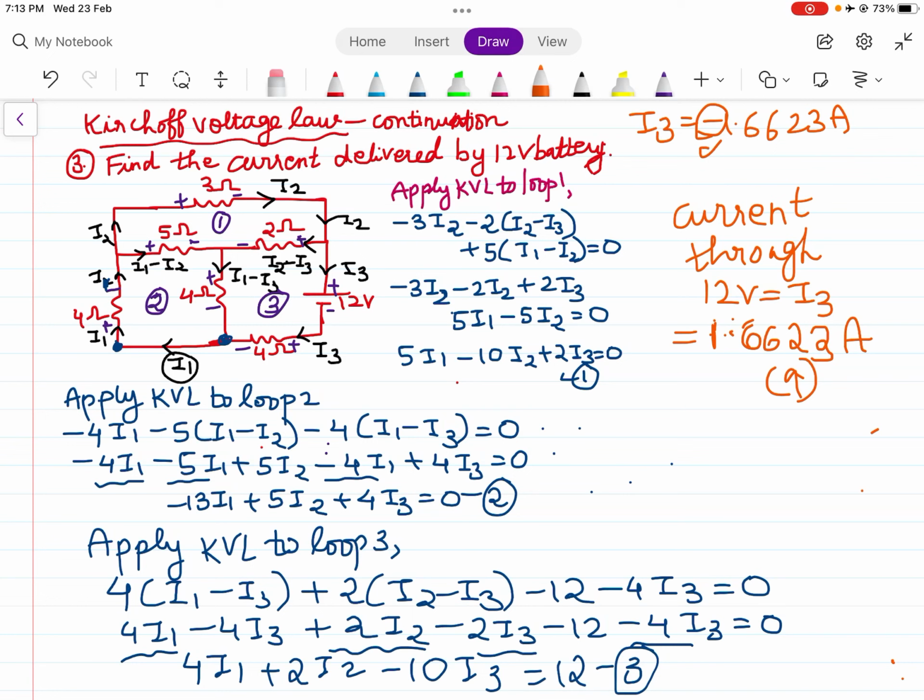So the current should not be negative. So the answer which we write is a positive current, but the direction is the opposite direction. So I3 we have shown downward. So assumption for I3 is wrong because current we are getting is negative. So we say that I3 is going in the upward direction with a current of positive 1.6623 amperes.